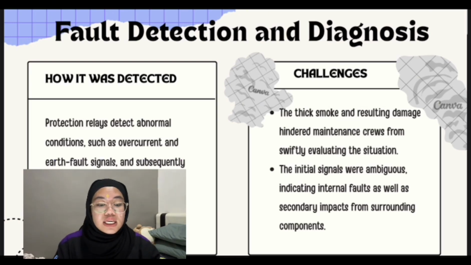Second, the initial signs were ambiguous, indicating both an internal fault within the transformer and a cascading impact from surrounding components, making it difficult to immediately pinpoint the root cause and develop an appropriate response strategy. These challenges highlight why modern substations need to improve their monitoring and assessment capability.